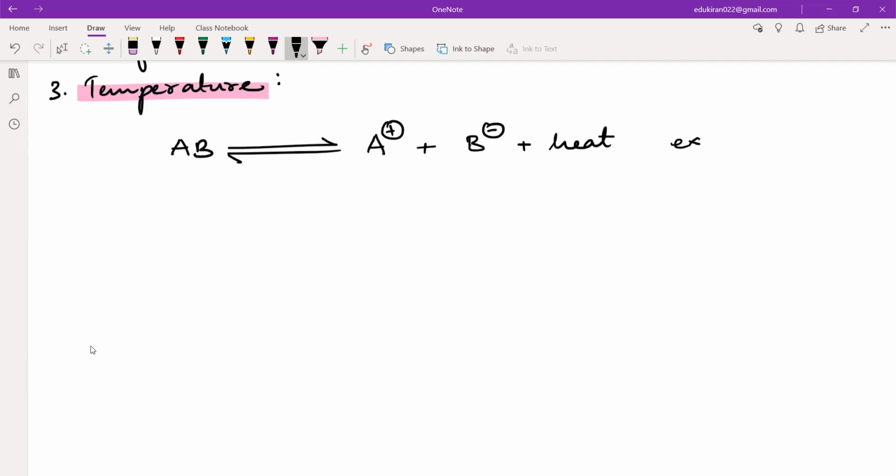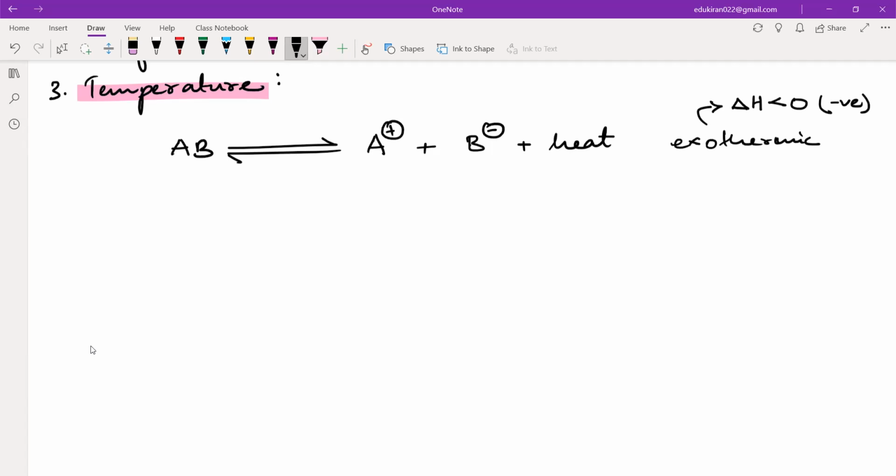The process of dissolution is exothermic. If you remember from 11th standard, the enthalpy of dissolution, delta H, will be negative, less than 0. If the process is exothermic, then the enthalpy of that process is negative.